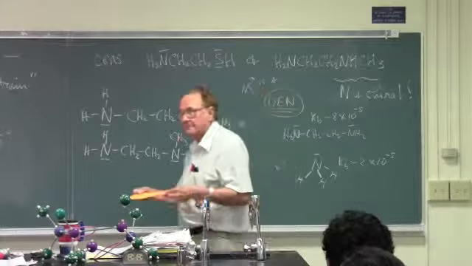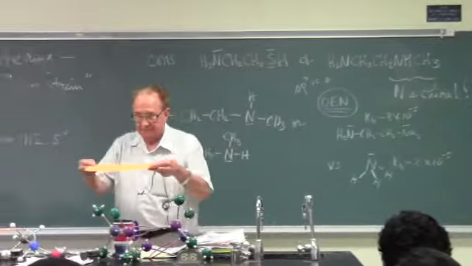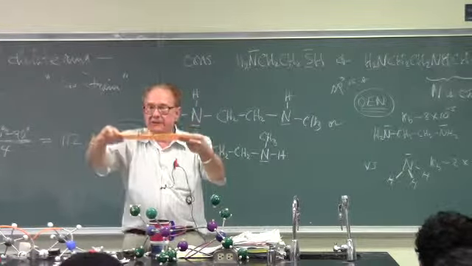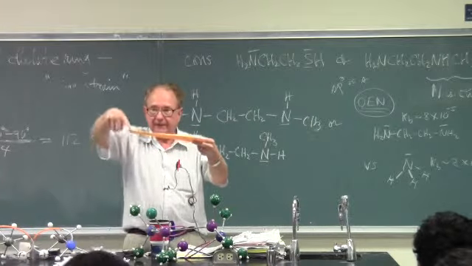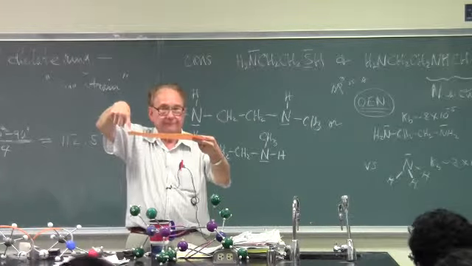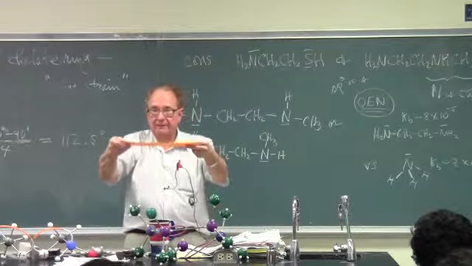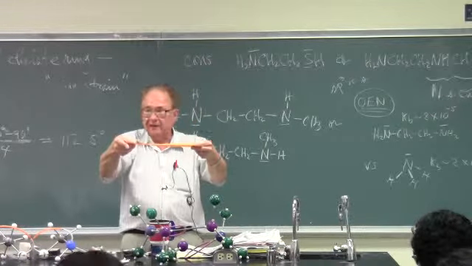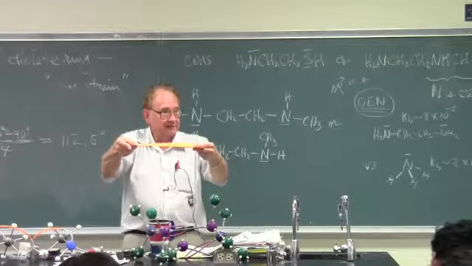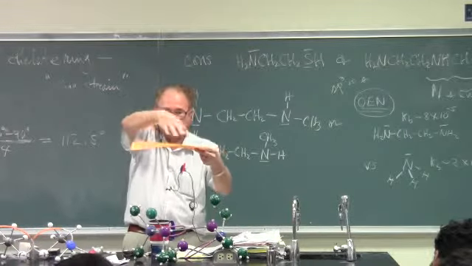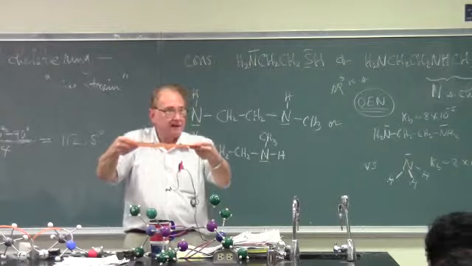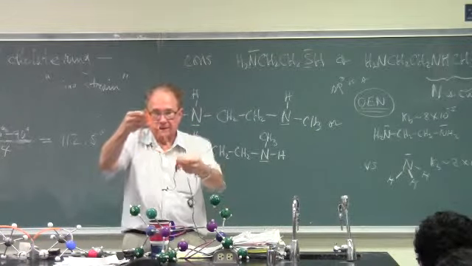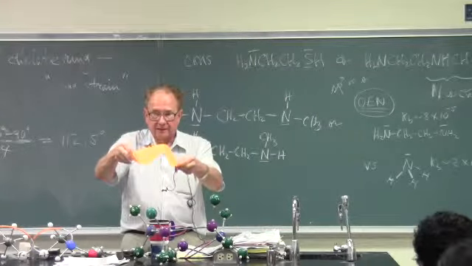Well, let's take a look at what happens to a bond angle. Imagine we have an atom here, an atom here, and an atom here. Well, this would mean 180 degrees if the atoms are here, here, and here respectively. Now, if I deform this thing from planarity, doesn't make any difference how I do it.